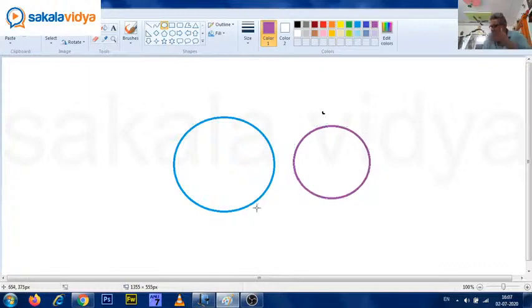Say this is circle 1, this is circle 2. Let the center of this circle be C1, say point is P. For example, the center of this circle is C2, this is say Q. Radius of this one is equal to R1.